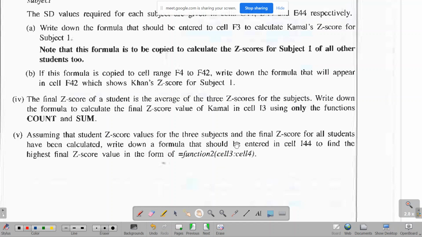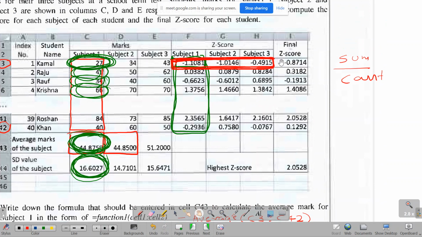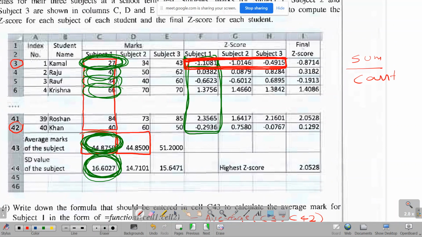So according to the spreadsheet, the final Z score range goes from where? Starting from here and it goes until here. So the highest will be chosen from that range and will be shown over here, right?